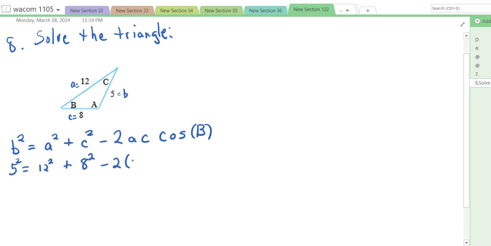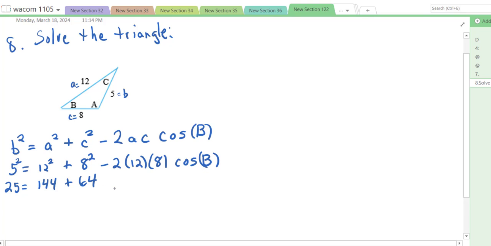Minus 2 times my A is 12. My C is 8. And my cosine of angle B. All right, do all the math you can. 5 squared is 25. 12 squared is 144. 8 squared is 64.